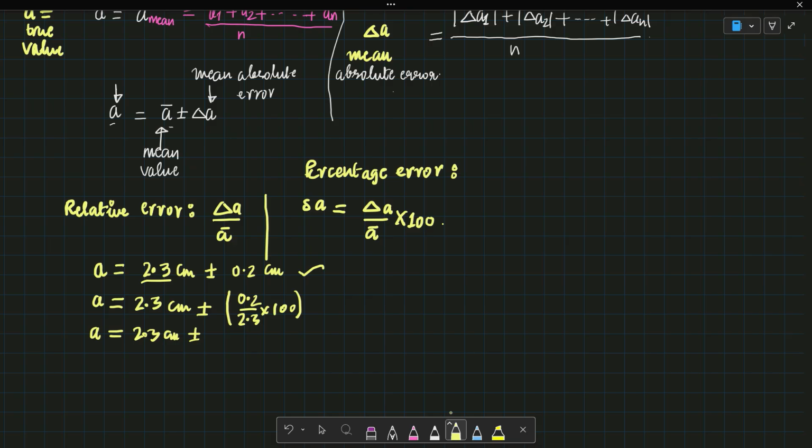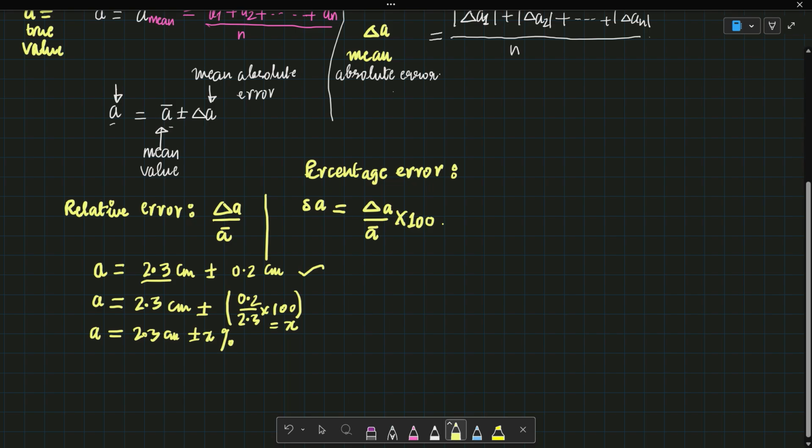So we write 5%. You can do the calculation, or let's say this is X%, so you will write X% here.